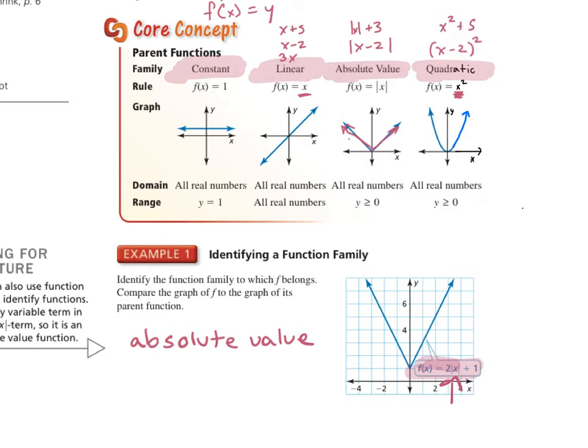Now our regular absolute value graph, if we just had the absolute value of x, would start at the origin and go up like this. So comparing our graph of f of x to the parent function, what is happening here? How would we compare these two? What's the difference between the blue graph and the pink one?